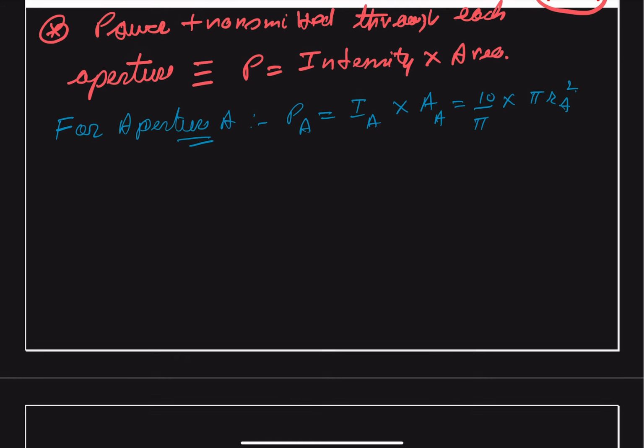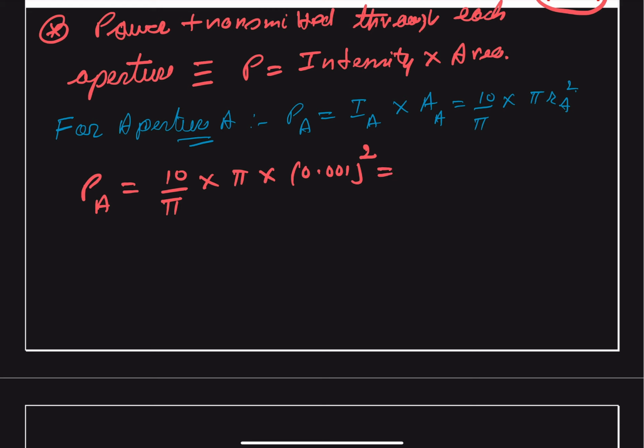We substitute the values, and we get the power transmitted through A, which is PA, equal to 10 upon pi multiplied by pi, and RA is 0.001 whole square.